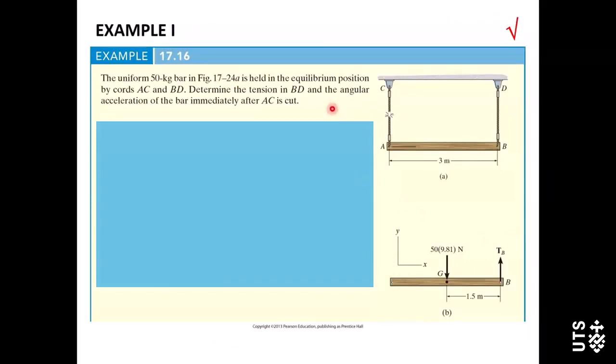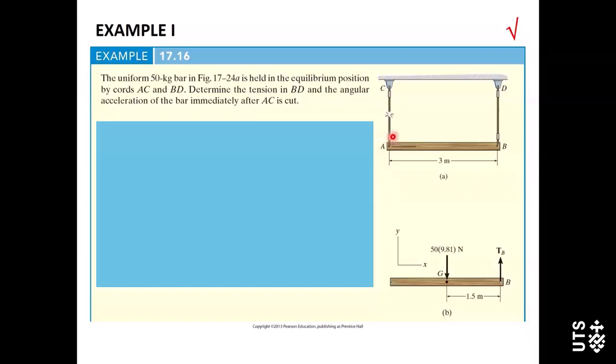Next, an example problem. In this example, there is a uniform bar, and initially it's in the equilibrium position. If we cut cord AC, then this bar will get a motion.